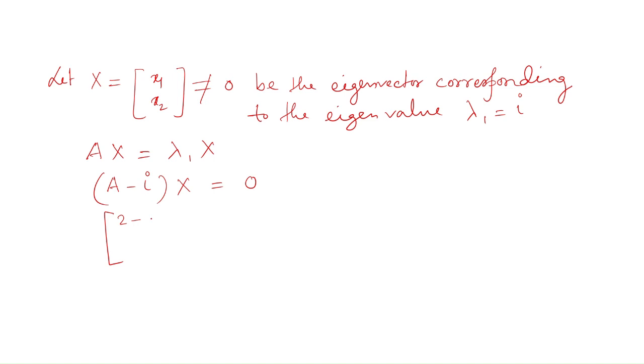So this is |2 minus i, minus 1; 5, minus 2 minus i| times x1, x2 equal 0, 0.